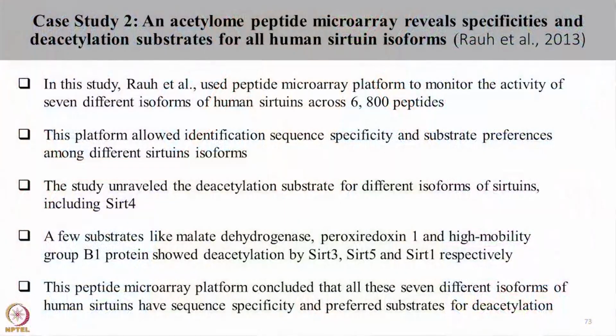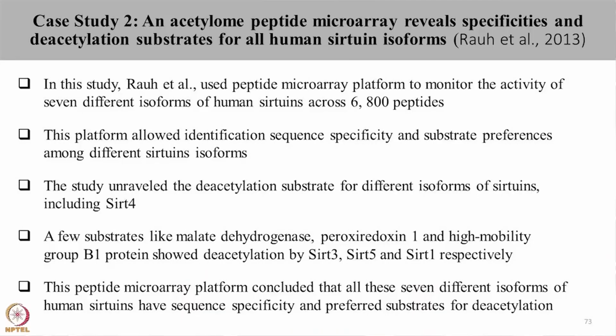To conclude, this study has used a microarray platform to parallelly screen around 6,000 peptides for 7 different isoforms of SIRT. Using this platform, the authors were able to identify the sequence specificity for different isoforms of SIRTs. They also identified a substrate for SIRT4, which is NADP transhydrogenase stress 70 protein.